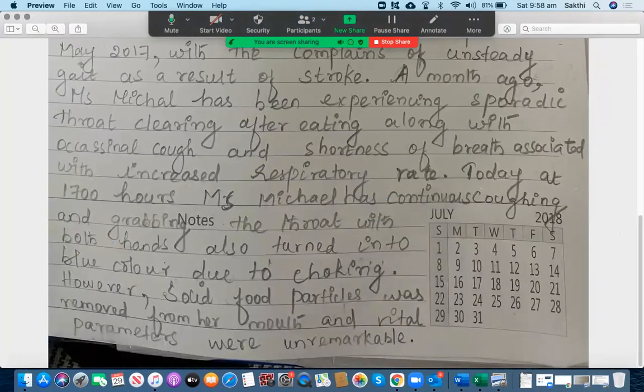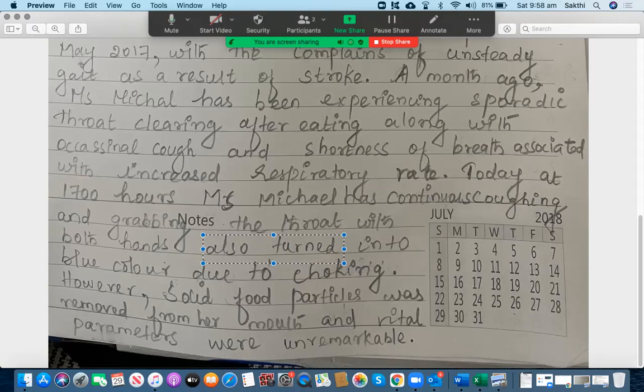Okay, continuous coughing and grabbing the throat with both hands also turned into blue color due to choking. Okay, grabbing the throat with both hands. No, no, no. It's not "also turned into".